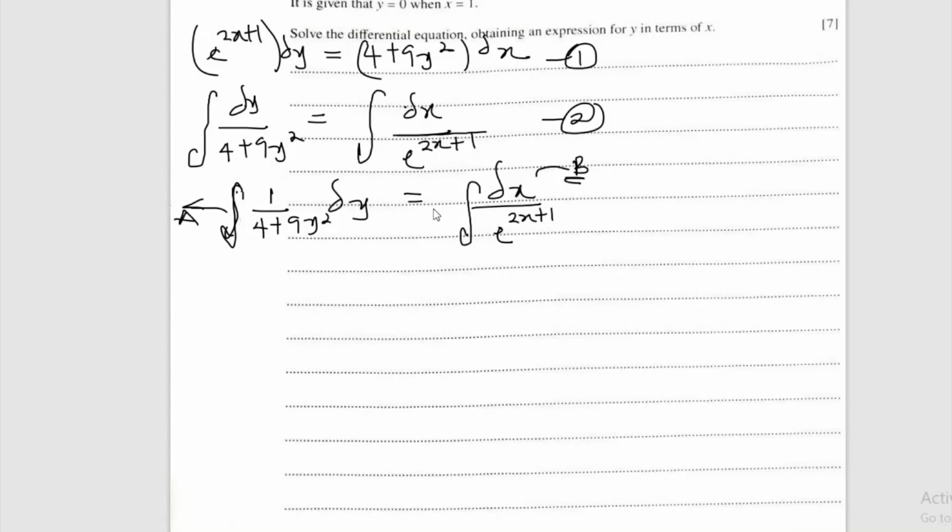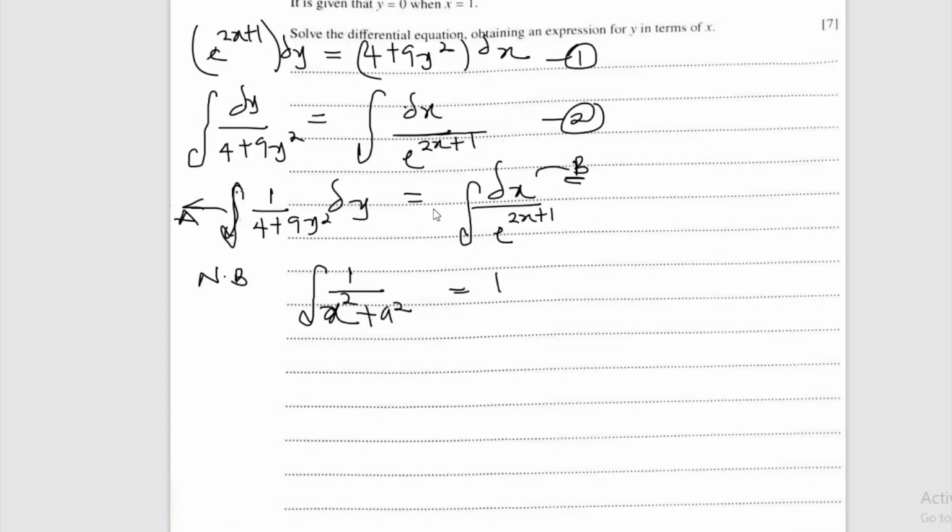For A, when you check your MF19, it's also in your syllabus, at the back of the syllabus, there's a particular constant that goes like this: the integral of 1 over x squared plus a squared.